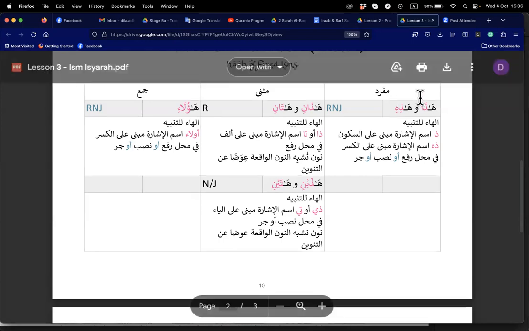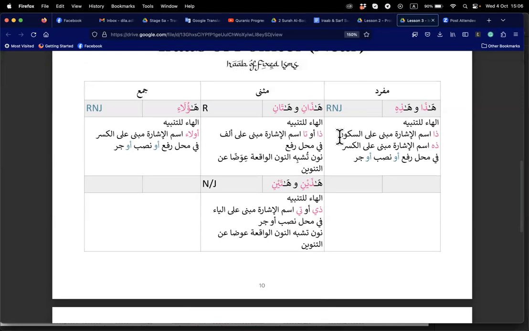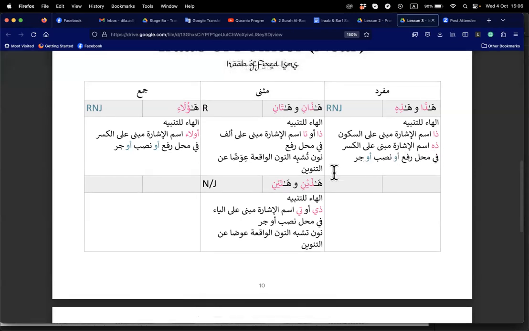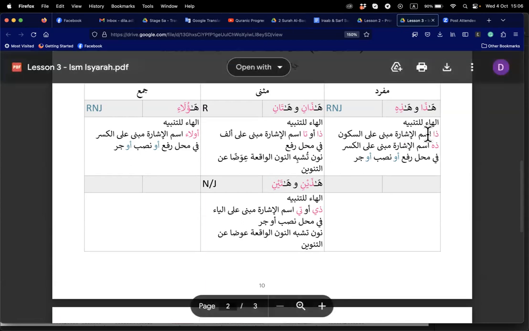But if the word is mabni, then you say the thing first. The thing here is the Ism Isyarah. That's the kind of word. And then the mabni ala what, which is actually not so important. The more important part is fi mahali what, and then the role. So it's the other way around. The thing first, and then the status, and then the role.